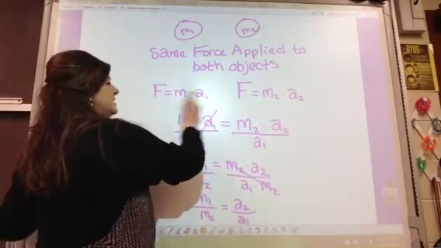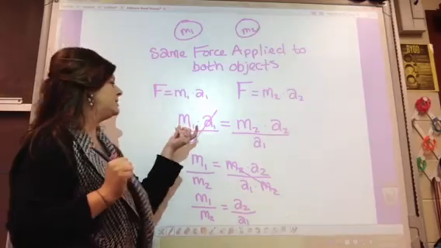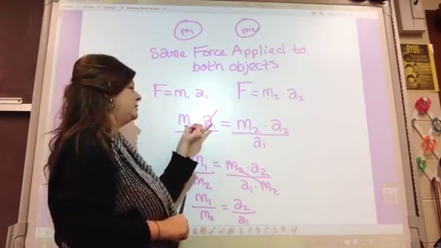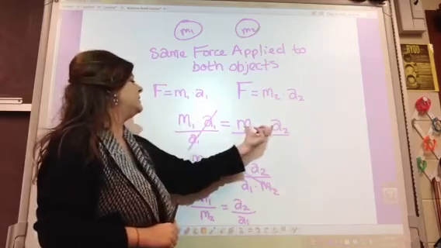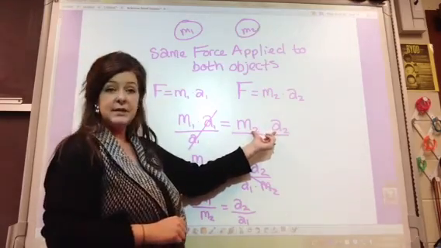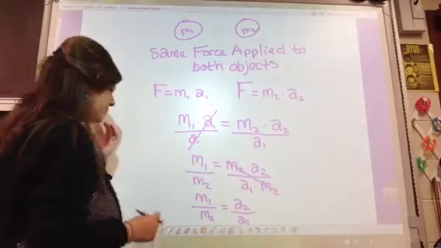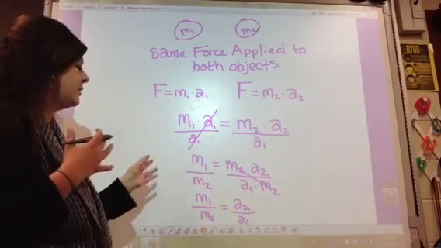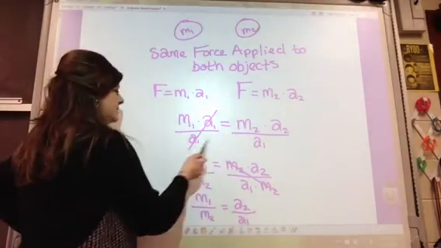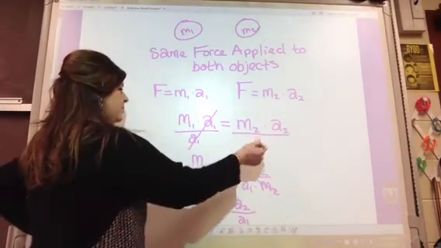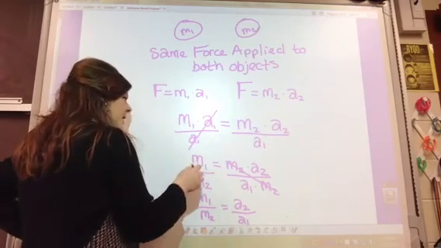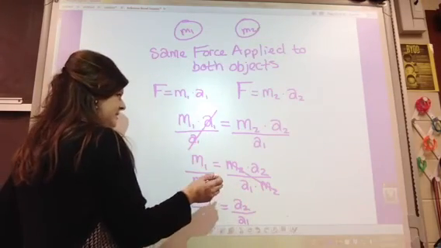If these forces are equal to each other, then I could say m1 times a1, mass of the first one times the acceleration of the first one, is equal to the mass of the second one times the acceleration of the second one. But I want to compare their ratios of acceleration, ratios of mass. So I can divide both sides by a1, so I get my accelerations on the same side.